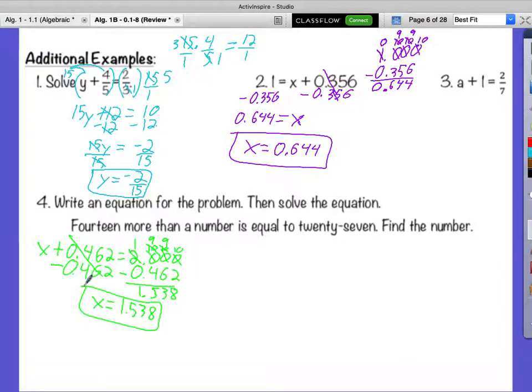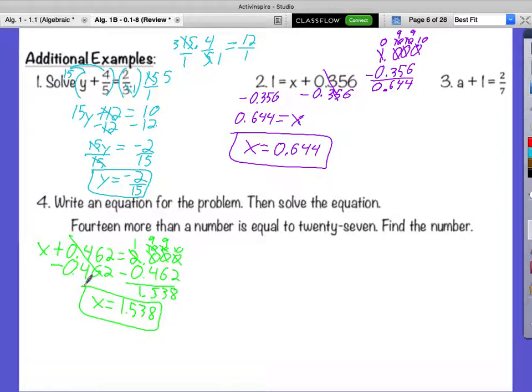So if it's a plus 1, how do you undo that addition? Subtract. Let's go ahead and subtract 1. So now, what's 1 minus 1?